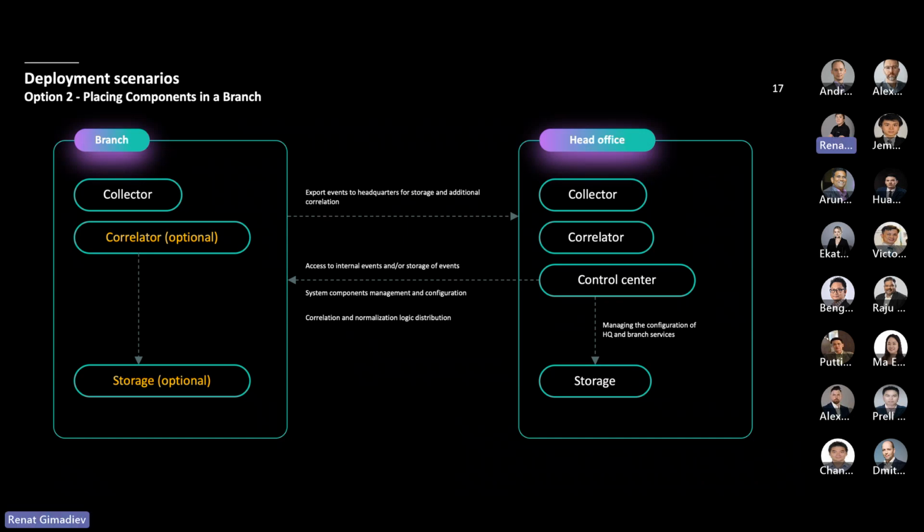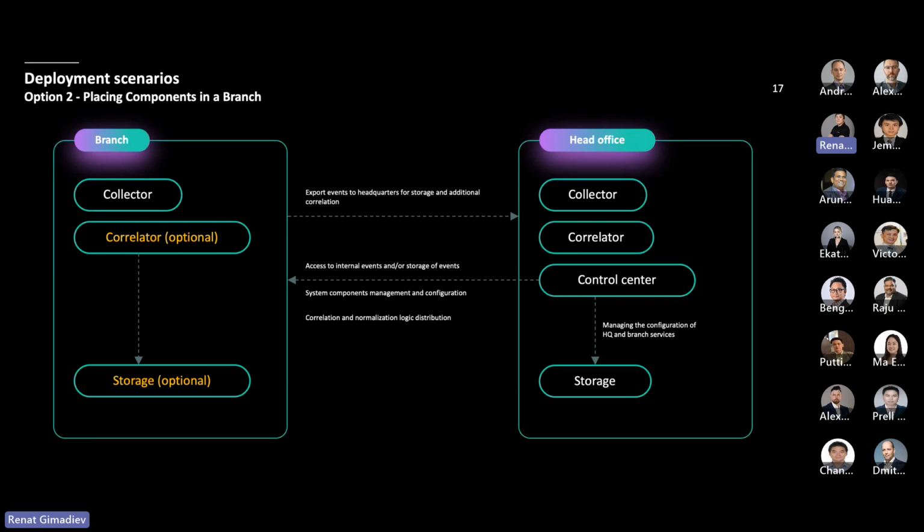That's one of the reasons why it's better to use our SIEM, because you can create a lot of different tenants, branches, and deploy a lot of system components. I'm not aware of the limit. How many collectors and correlators can we deploy now?